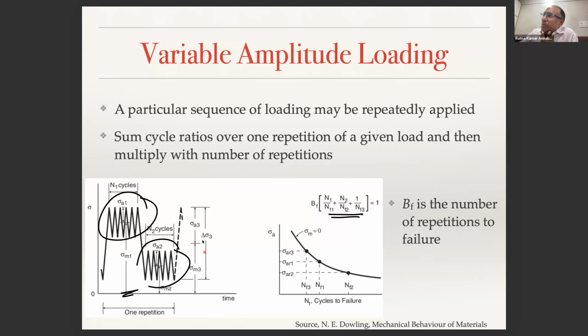This is because in many machine components, for example, if you take an aircraft, it undergoes a takeoff. So that is actually a larger load. After the initial takeoff, before it goes to cruising altitude, it has to go through the clouds and all, so it may be experiencing higher load.